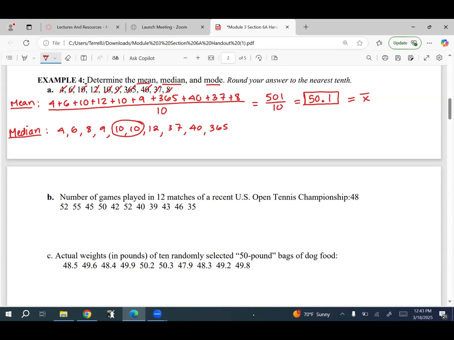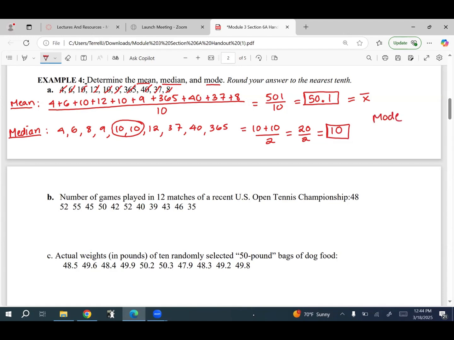You're going to have 2 numbers in the middle, like how we have here. And so what you do in this scenario is you just take the average of those 2 middle numbers. That's what you do. And so 10 plus 10 is 20, divided by 2 is 10. My median is 10.